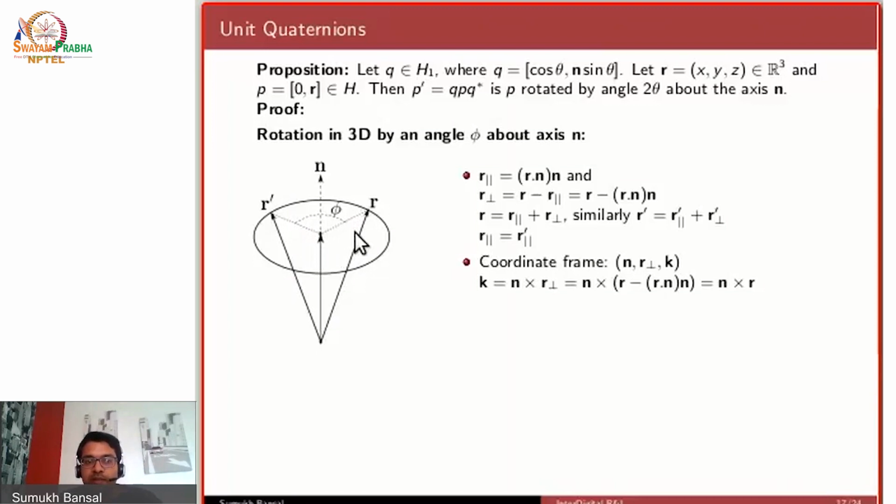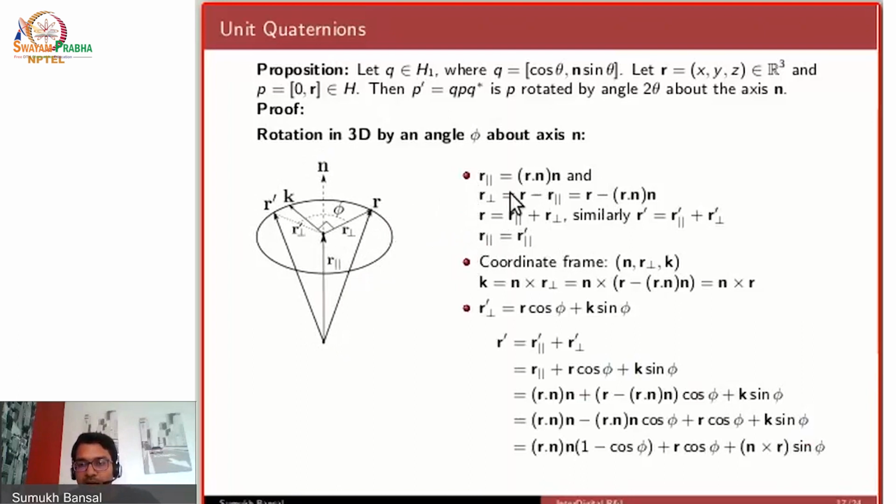So the vector r can be represented by its component along and orthogonal to vector n. So let's represent these components by r parallel and r perpendicular.